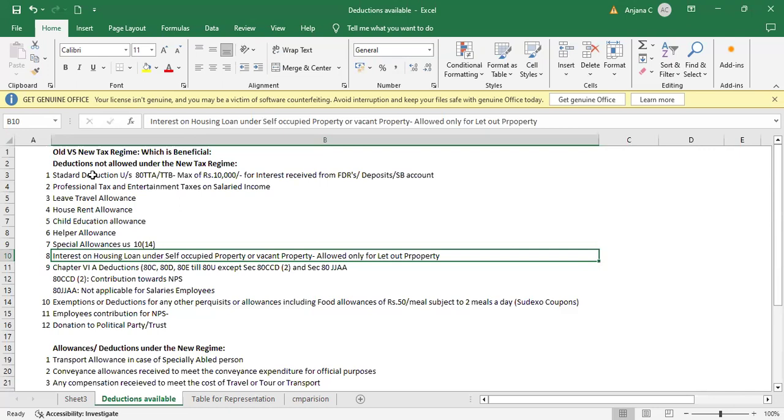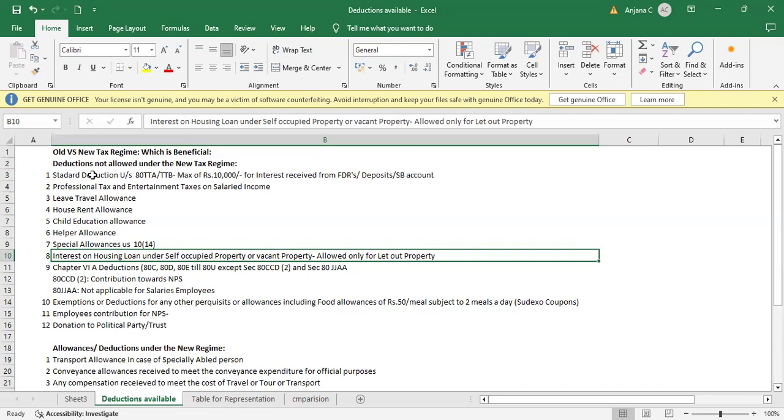However, if the property is let out, then this particular deduction is allowed. Hence, you have to be very careful.